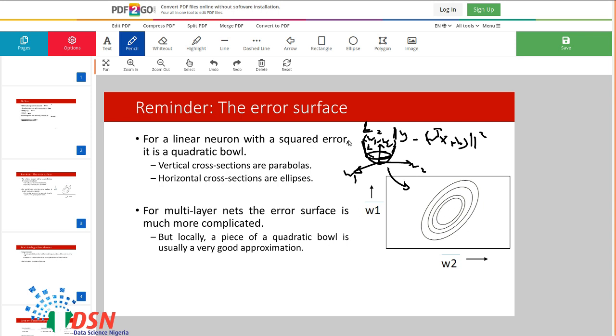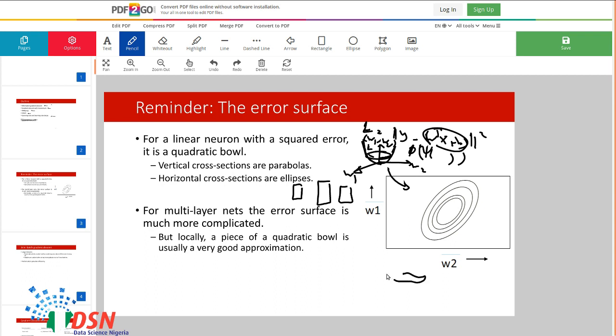But when you have a multi-layer network, you apply some non-linearities to these layers. If you remember, we had these non-linearities applied to the inputs to get a multi-layer neural network. In this case, the error surface is no longer a quadratic bowl, and it is a much more complicated shape.